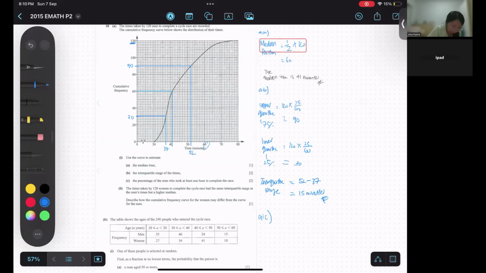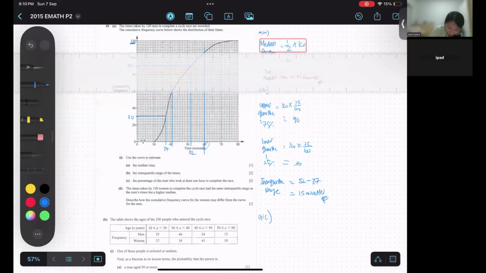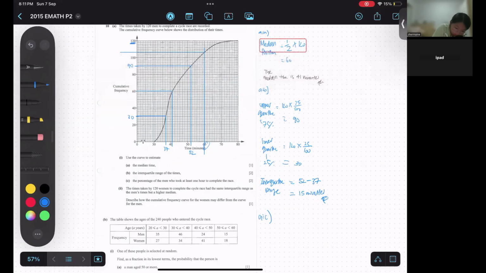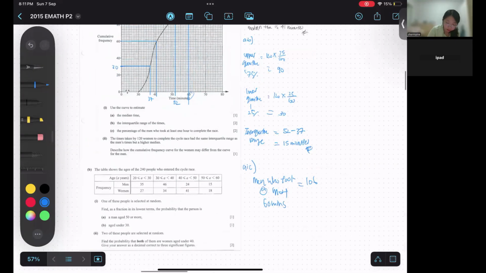You try to identify how many people took less than 60 minutes first. So that is at most 60 minutes: 106.